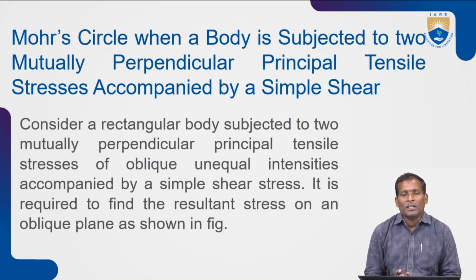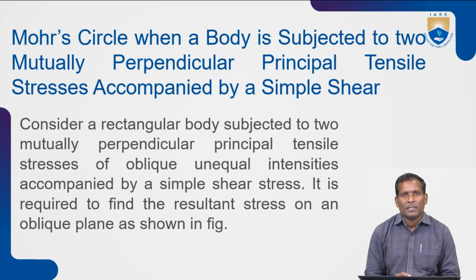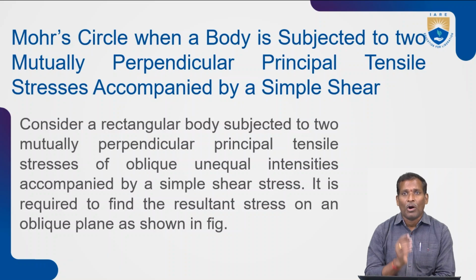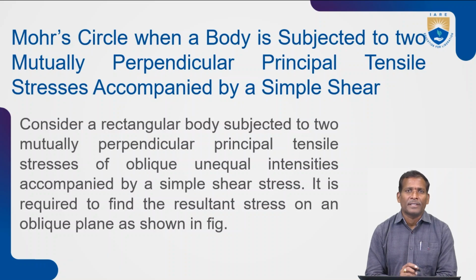The Mohr circle, when a body is subjected to two mutually perpendicular principal tensile stresses accompanied by a simple shear. Here shown, consider a rectangular body subjected to two mutually perpendicular principal tensile stresses of unequal intensities accompanied by a simple shear stress.